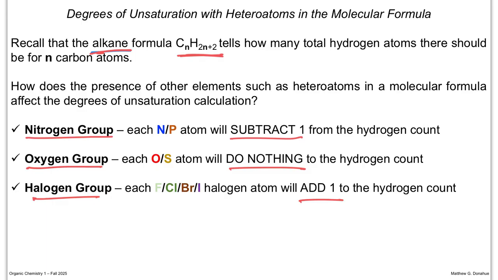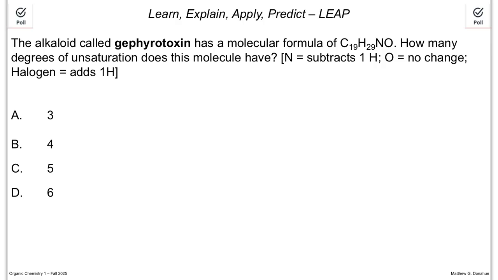So let's run through the logic here. Can you picture that molecule in your mind? Can you count the rings and pi bonds? So you no longer have the molecule in front of you, but now we're given the molecular formula.